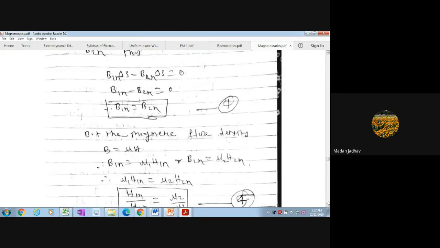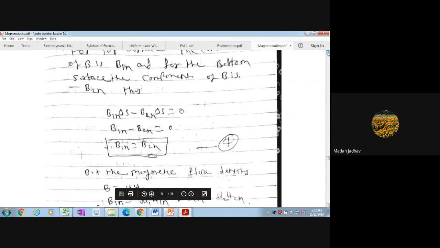You can see here the equation. This is the first equation for the magnetic boundary condition, related to the normal component: B1n is equal to B2n.